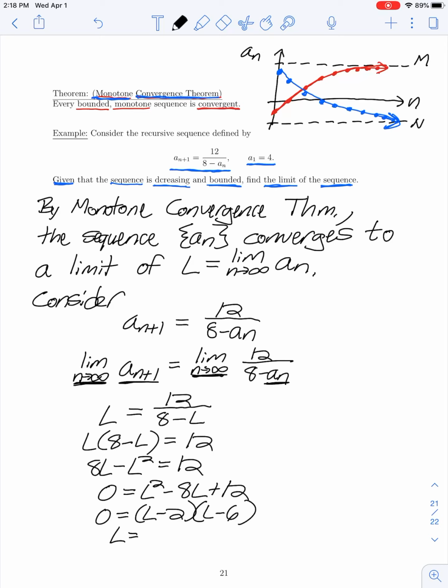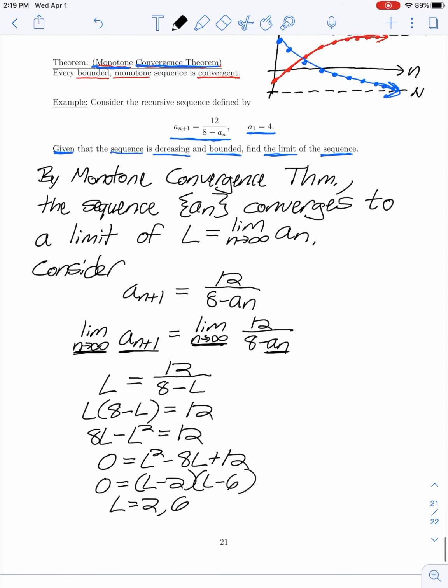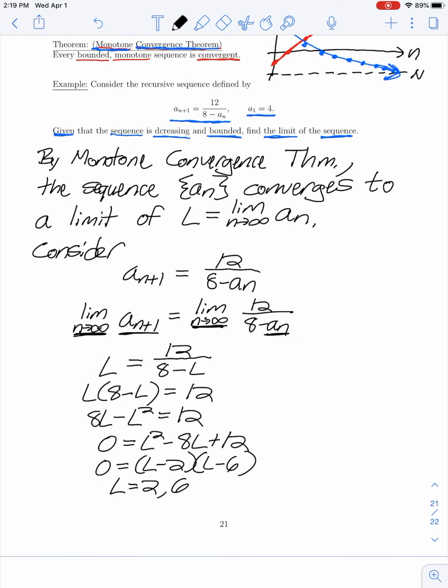And we can solve for L by factoring. So here this factors as L minus 2 times L minus 6, which has to equal 0. So we have two options for our limiting value, either 2 or 6.